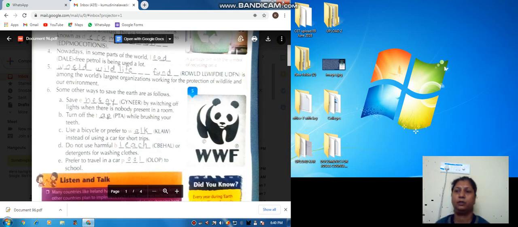Next, prefer to travel in a carpool to school. You can save petrol and money. So there are so many small things by which we can save a lot of energy, water and light.